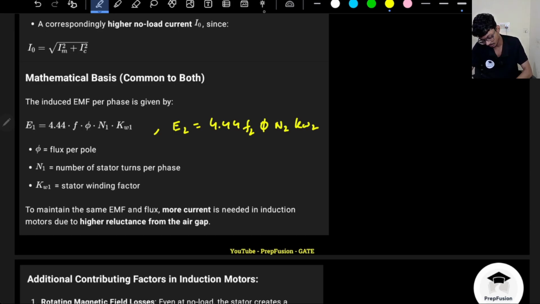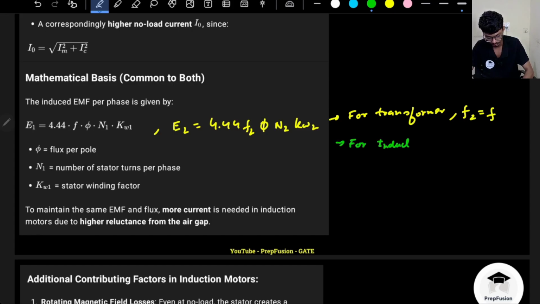So remember, for a transformer, your f2 is f, but for an induction machine, your f2 is sf, right?